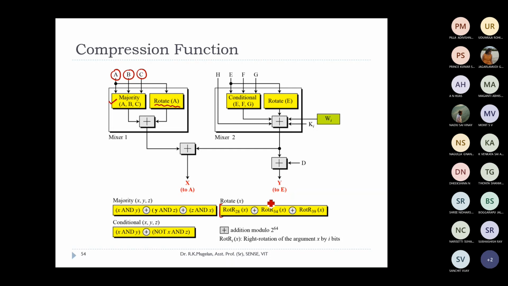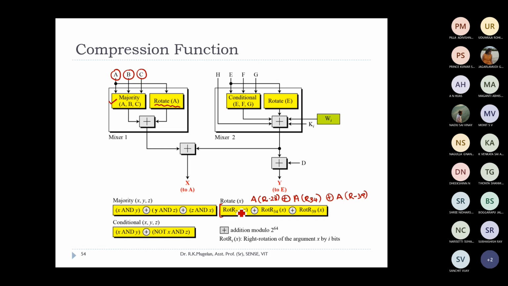Rotate A means this operation will happen. I take the word A and make a right rotation of 28 bits, like how we did for our word expansion. This is XORed with the word A again, right rotated by 34 bits, XORed with the word A again, rotated by 39 bits.